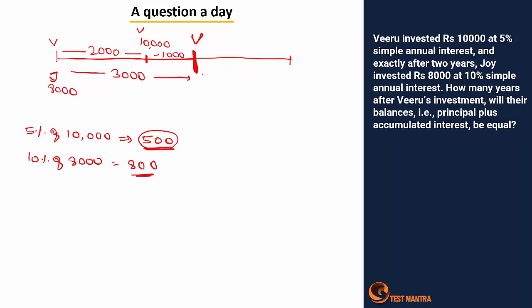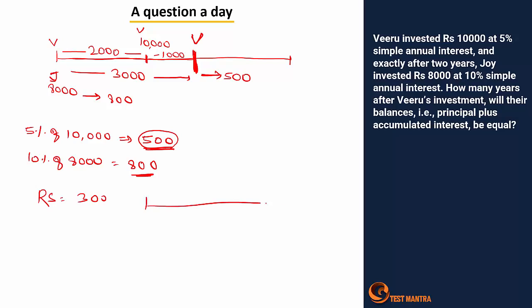Now according to this, Viru is traveling 500 units and Joy is traveling 800 units. So relatively the gap is reduced by 300 units here. So I can say the relative speed in this case is 300.